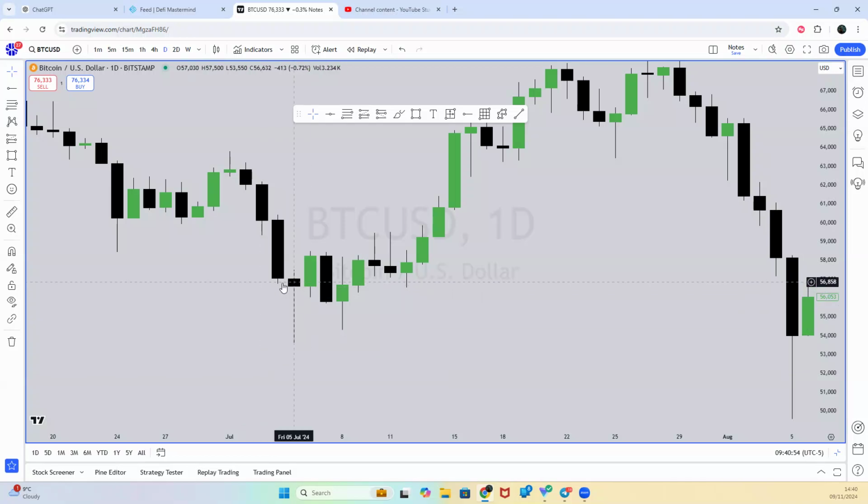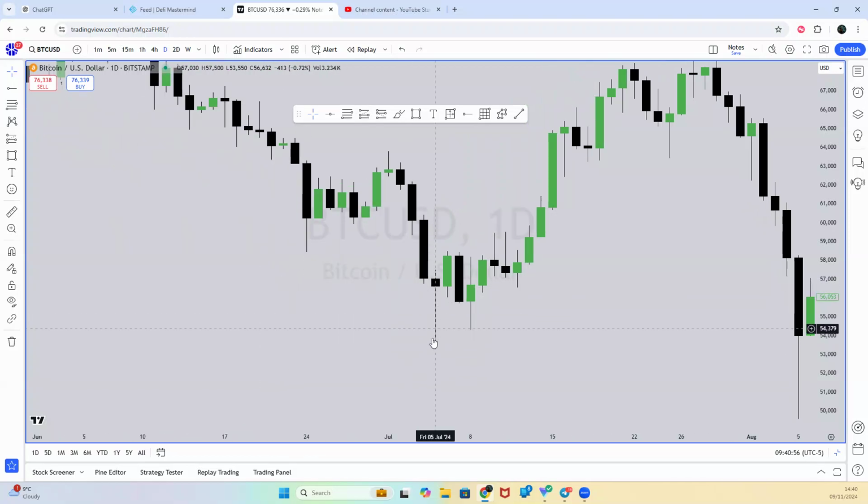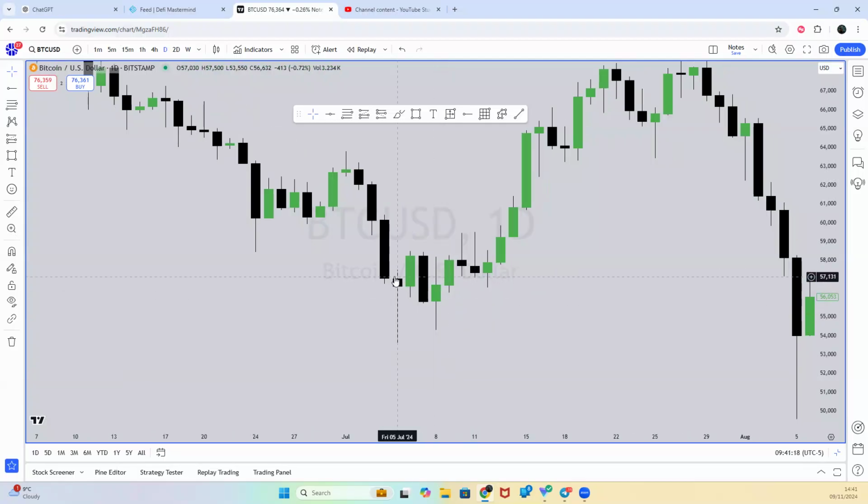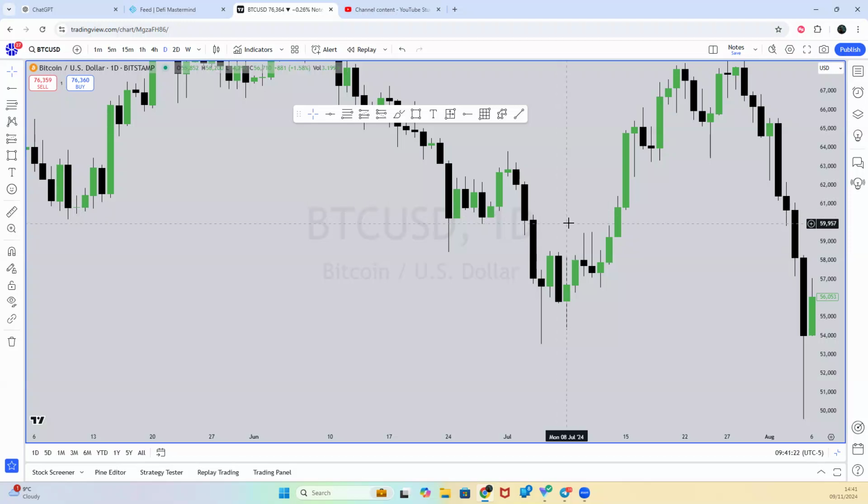So once again, the market is giving you a telltale sign that there's strong buying pressure here, because the buyers managed to bring prices back up to almost where the market opened, despite the bearish sentiment going into that. And so that can often be an indicator of bullish price action that's coming after.